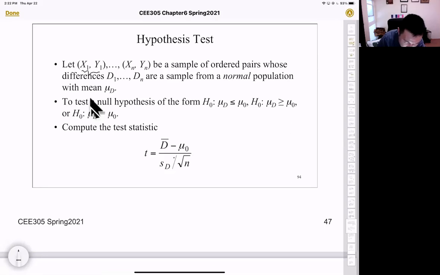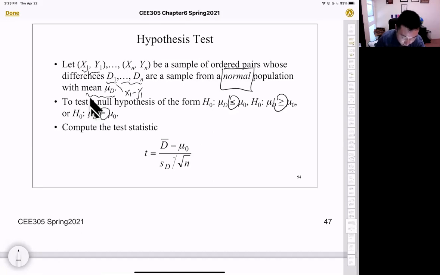Then the difference, so d1 is the difference between x1 and y1. d1 to dn are sampled from a normal population, with a mean value of mu d, the mean value of the difference between x and y. Depending on how H0 is set up, again, the equality line always goes to H0. So that's another rule.